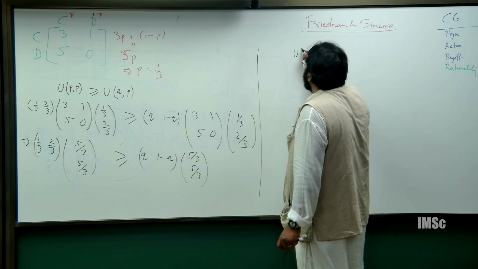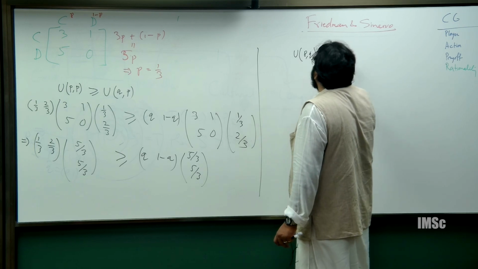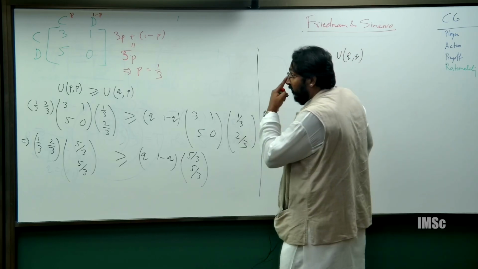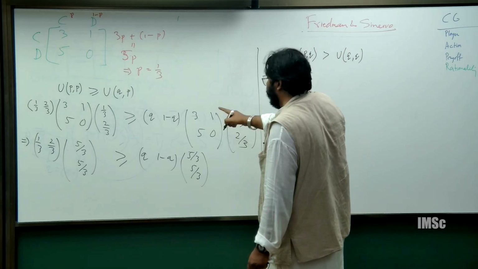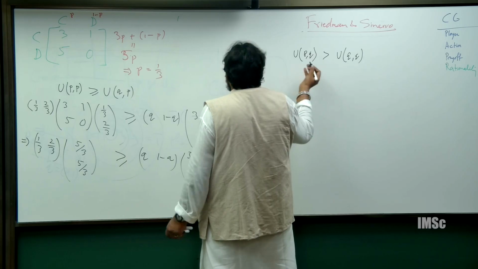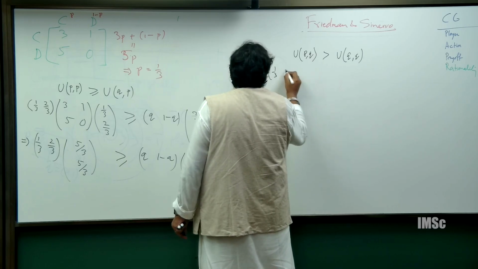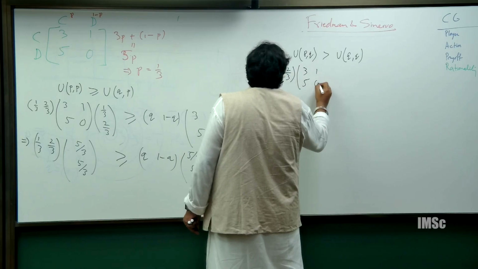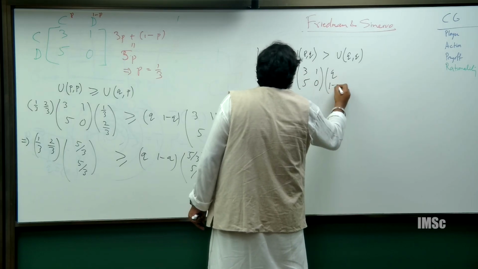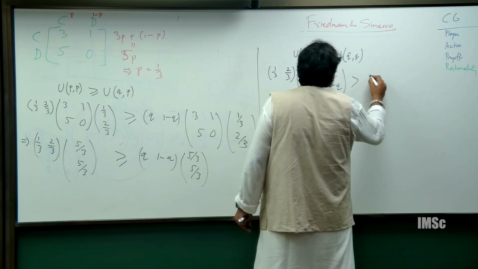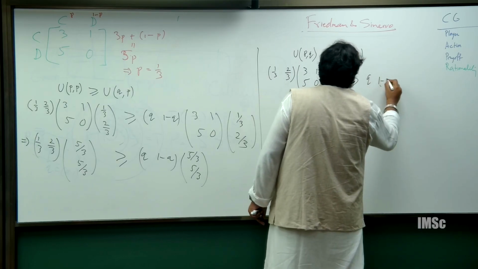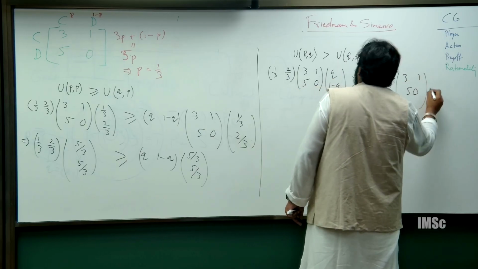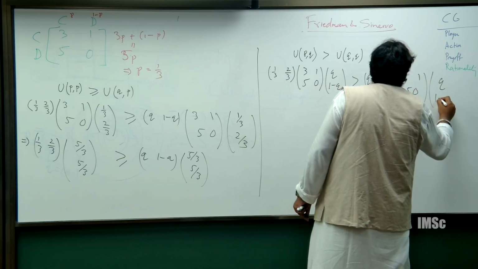So, I want to show u(p,q) is greater than u(q,q). And what do we have? On this one side we have, okay, none of them we have done. So, 1/3, 2/3, 3, 5, 1, 0. This is q, 1 minus q, greater than q, 1 minus q, 3, 1, 5, 0 and q, 1 minus q.